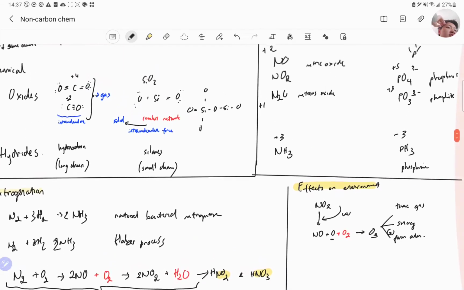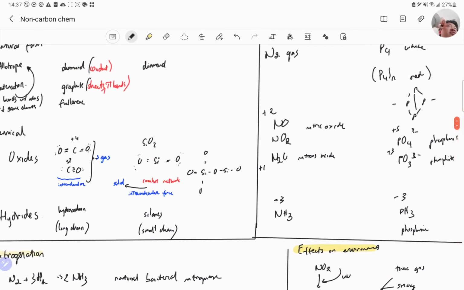Now let's get to the oxides of phosphorus. So we obviously know that it can be +3 or +5.